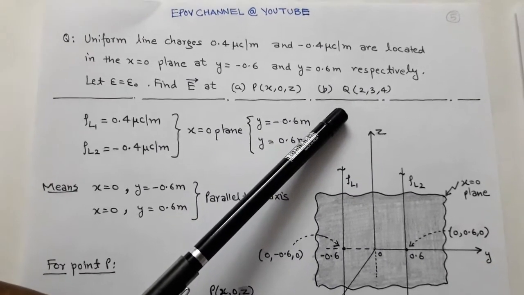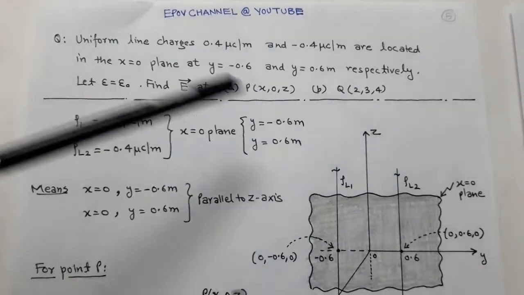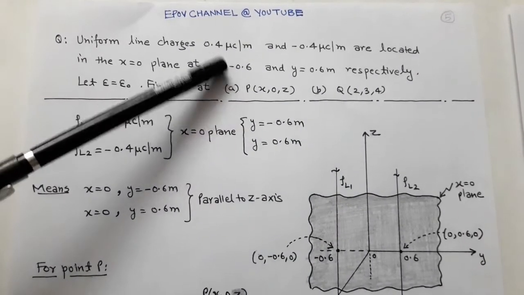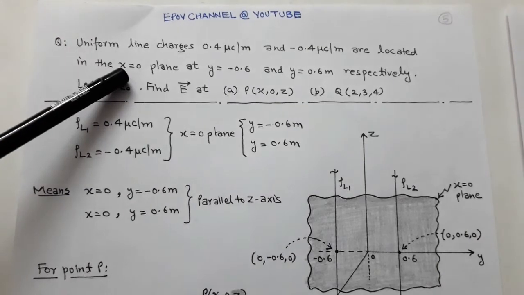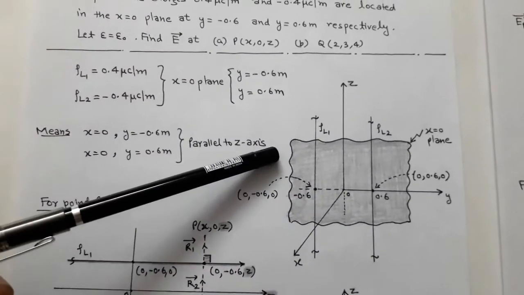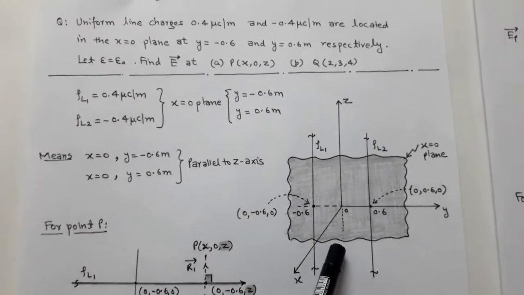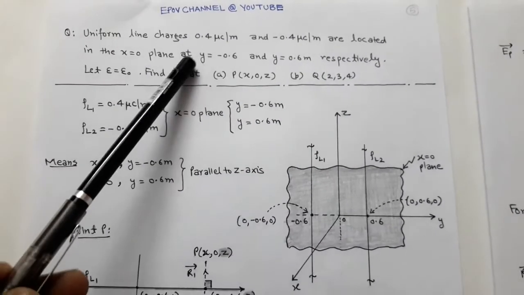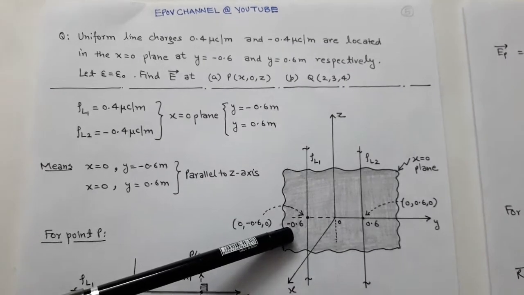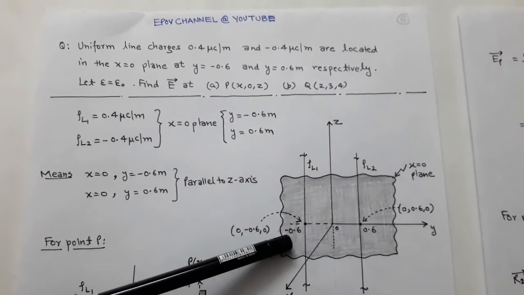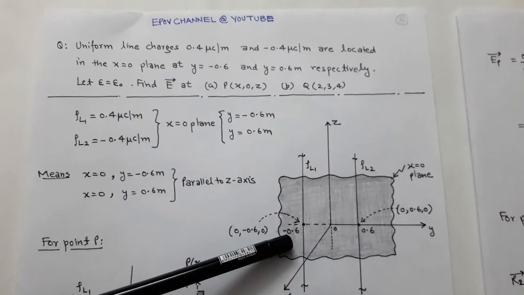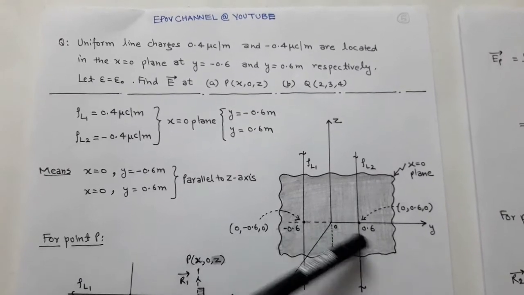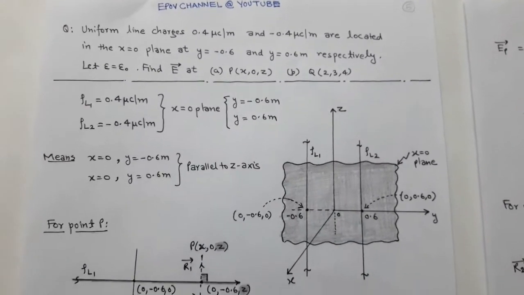Now here, uniform line charges are located in the x equals to 0 plane. So here there is a x equals to 0 plane, and on this plane the two line charges are situated. One at a point y equals to 0.6 and second is situated at y equals to minus 0.6 meter.